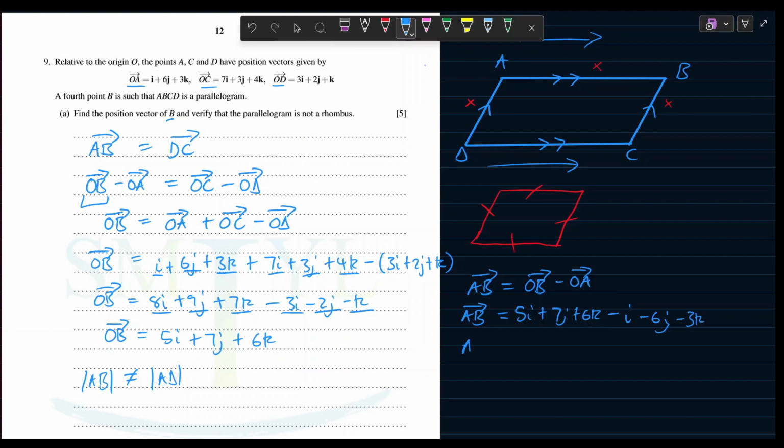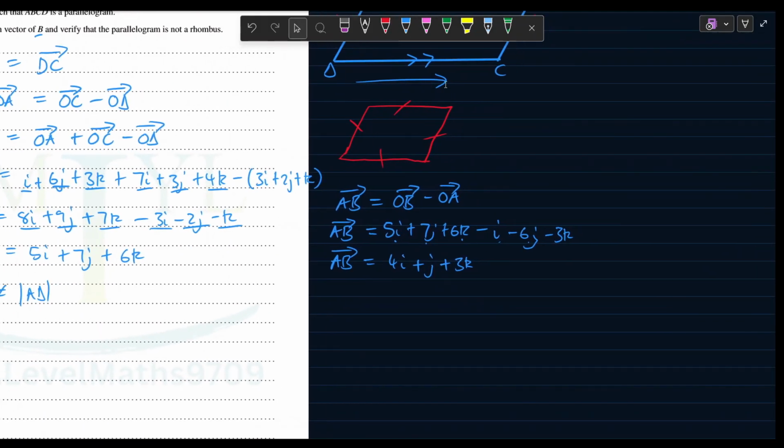So AB is equal to 5I minus I, 4I, 7J minus 6J, J, 6K minus 3K, 3K. We now have AB. And we can go ahead and find its magnitude.